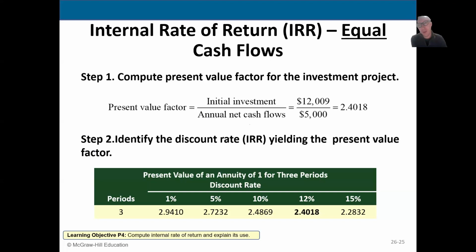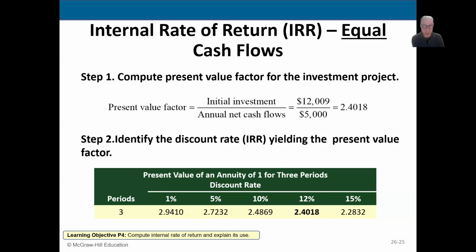Step one, compute the present value for the project. So investment divided by net cash flows. This example is 2.4018. Based off of 2.4018 and the amount of time, 3 years, I can then find the percent discount.